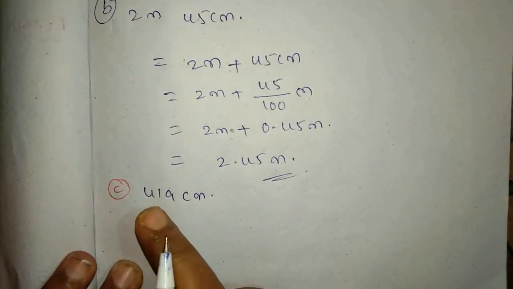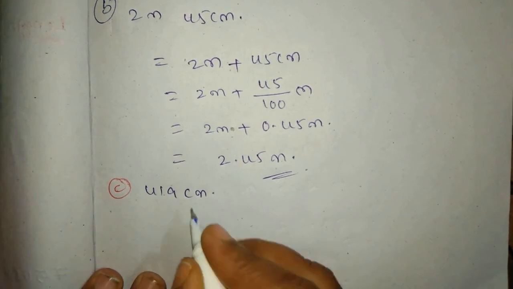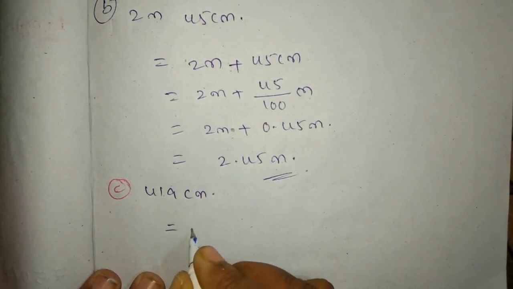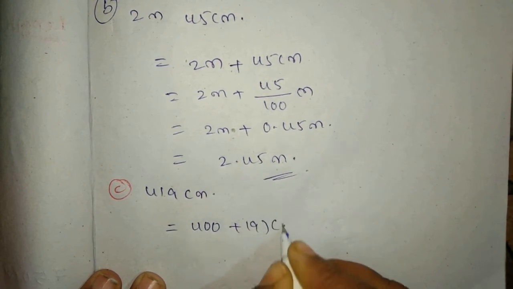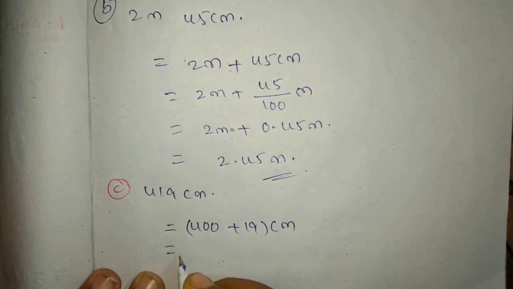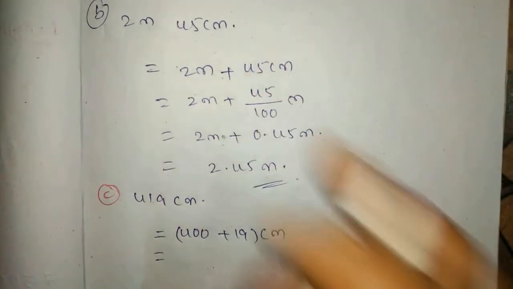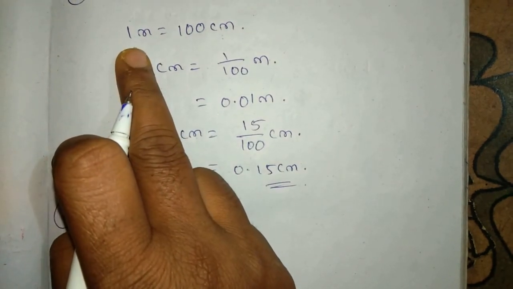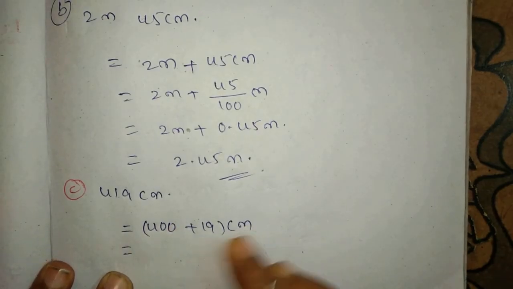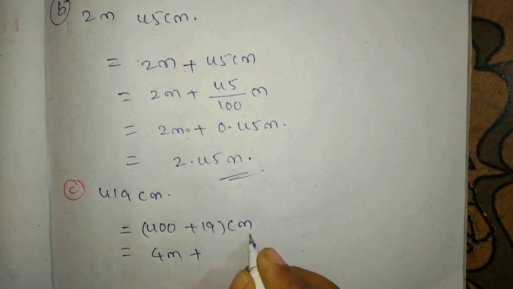So next one, 419 cm. 419 cm is given. This can be written as 400 plus 19 cm. That is equal to 400 centimeters. In this, 100 centimeters is equal to 1 meter. 400 centimeters is equal to 4 meters plus 19 centimeters.